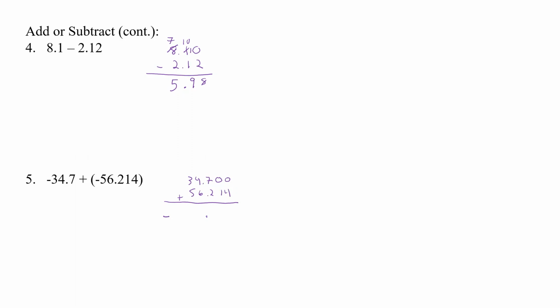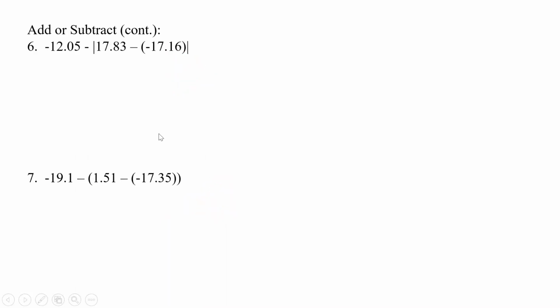And we can put our decimal here. And so now we take 0 plus 4 is 4, 0 plus 1 is 1, 7 plus 2 is 9, then 6 plus 4 is 10, carry 1. 5 plus 4 is 9. So our answer is negative 90.914. And again, it's negative because both of these were negative to start with.